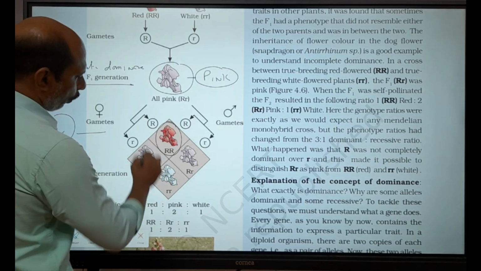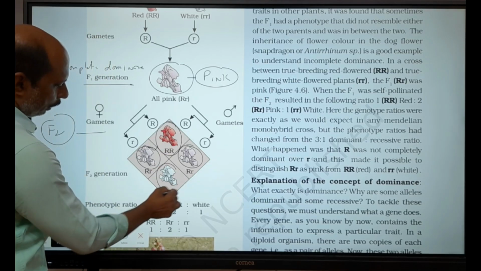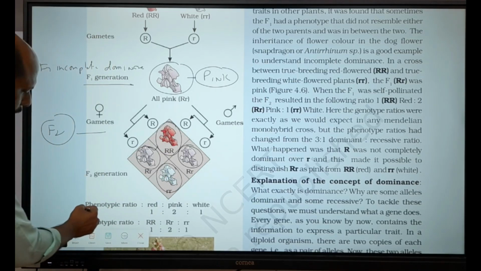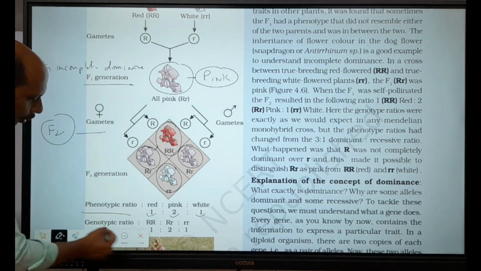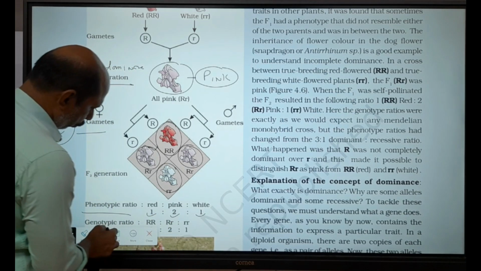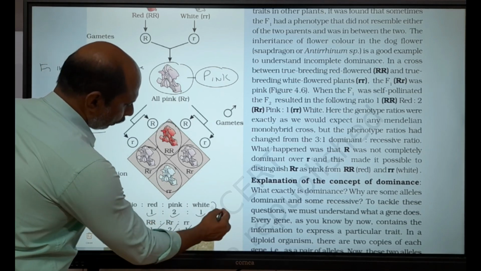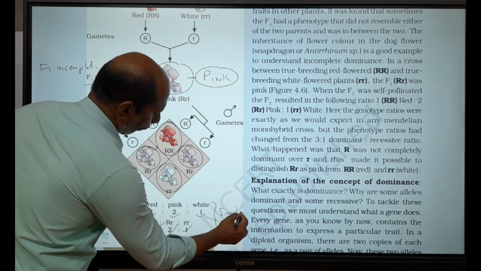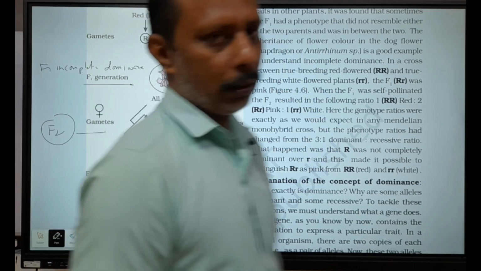One is pure red, two are pink, and one is white. You can see here the phenotype ratio is 1:2:1, and the genotype ratio is also 1:2:1. Both are similar.